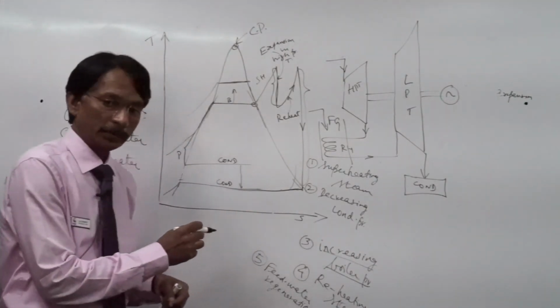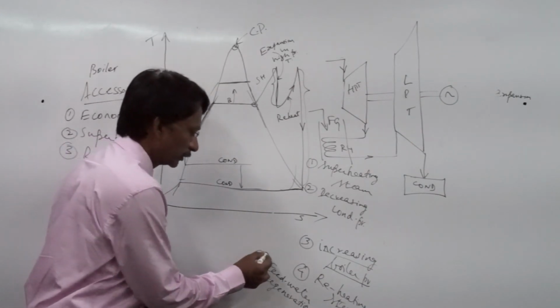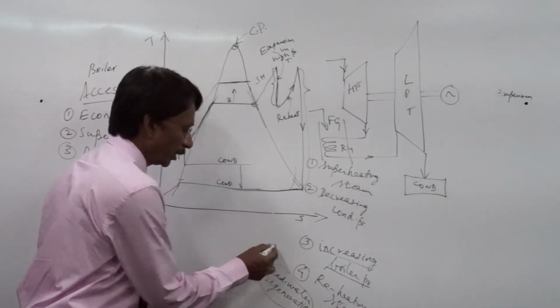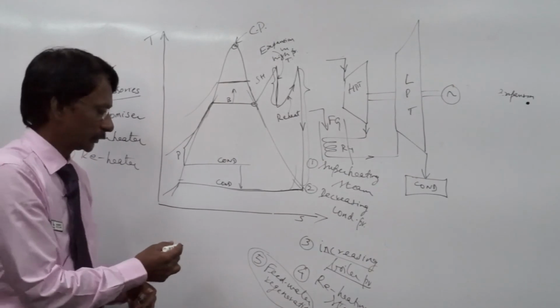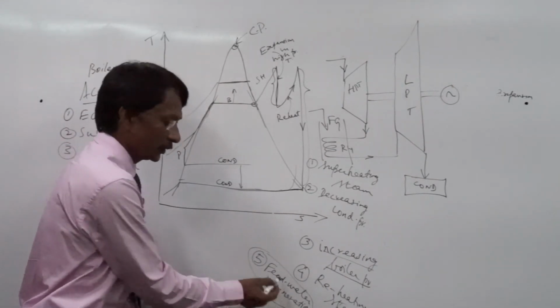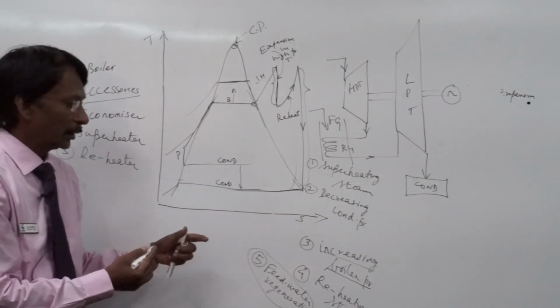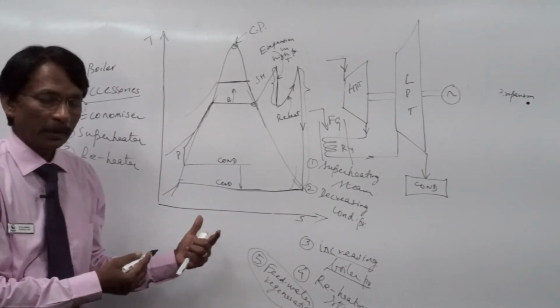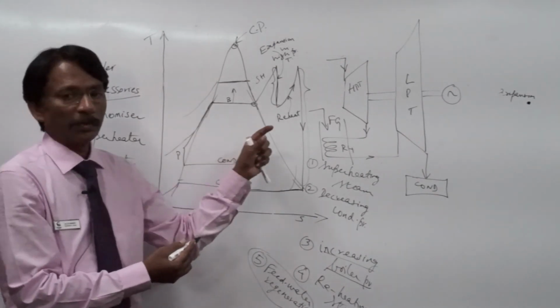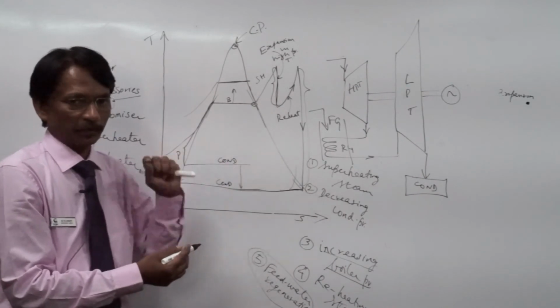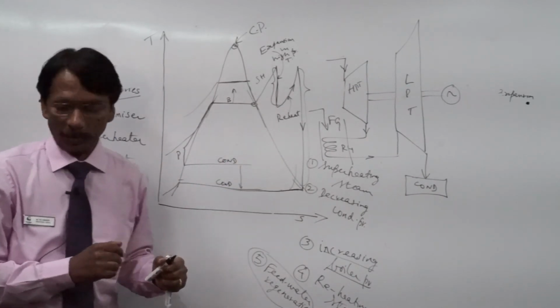Let us now look at the fifth method of modifying the Rankine cycle. It is called the feed water regeneration. We regenerate feed water using a portion of the steam which is expanding. Now look at it, it works this way.